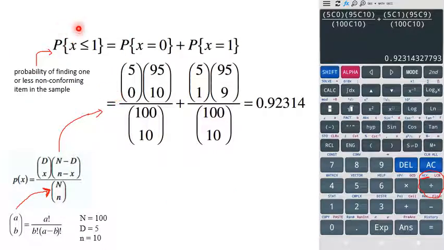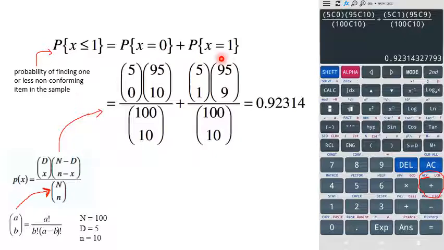Okay, so this is the final step of the question. We are asked in the question to calculate the probability of finding one or fewer non-conforming, or defective, items in the sample. So we can write: probability of finding one or fewer defective items in the sample. One or fewer defective items means either we have 0 defective or we have 1 defective.